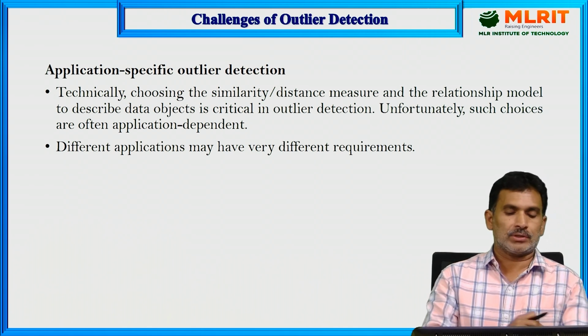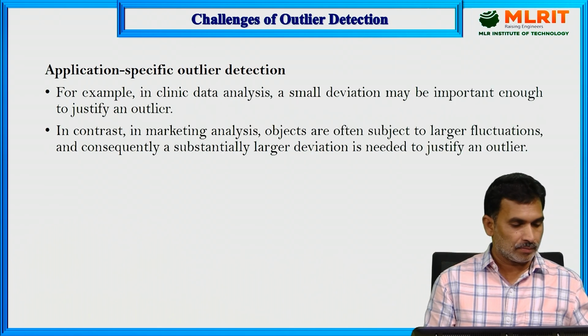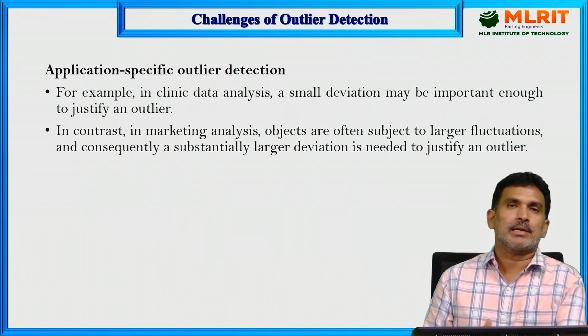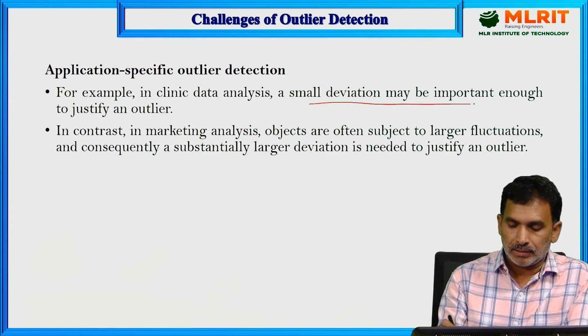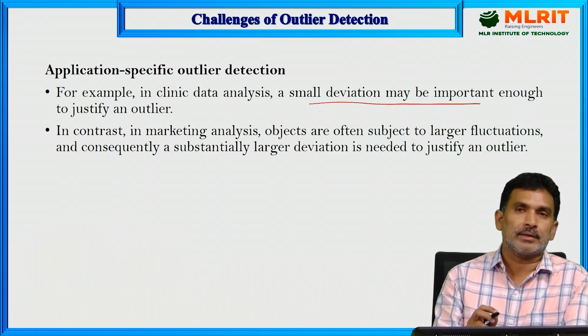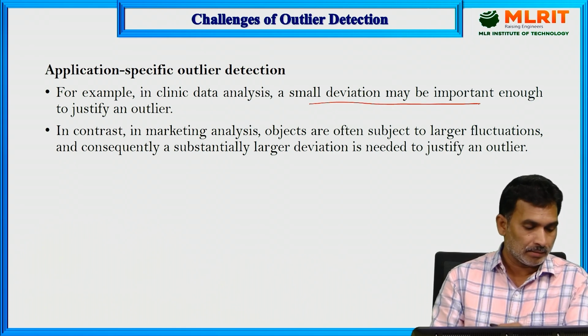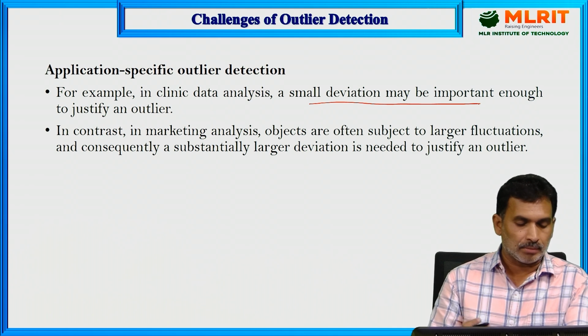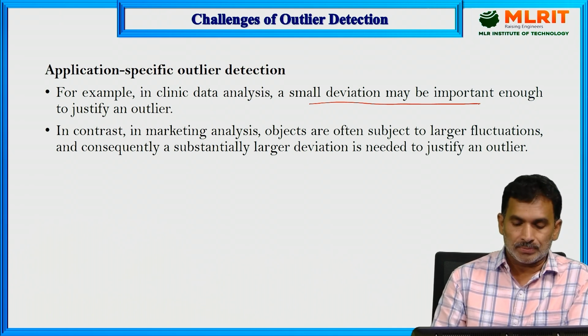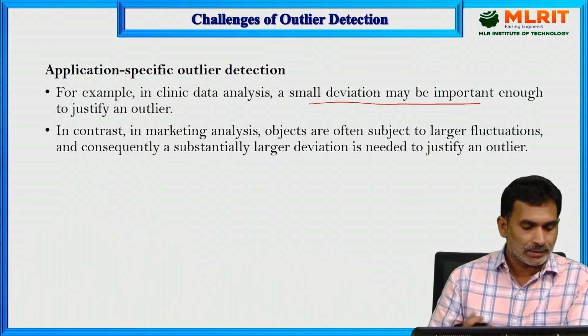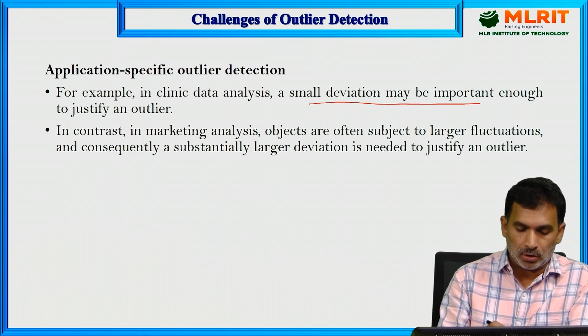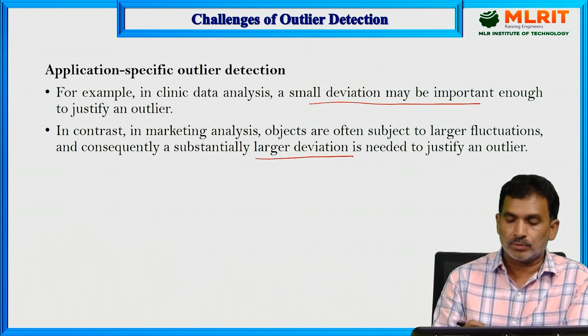Different applications may have different requirements. For example, in clinical data analysis, a small deviation may be important enough to justify an outlier. But in contrast, in marketing analysis, objects are often subject to large fluctuations, and consequently a substantially large deviation is needed to justify an outlier.